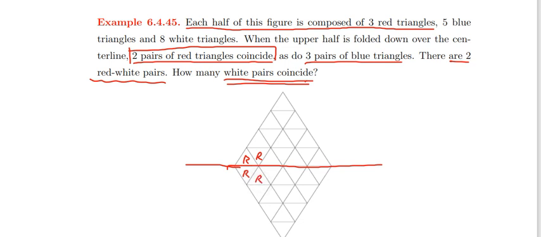So we have two pairs of red triangles and three pairs of blue ones. If blue here, then blue here, blue here, blue here, blue here. So we have three pairs of blue.